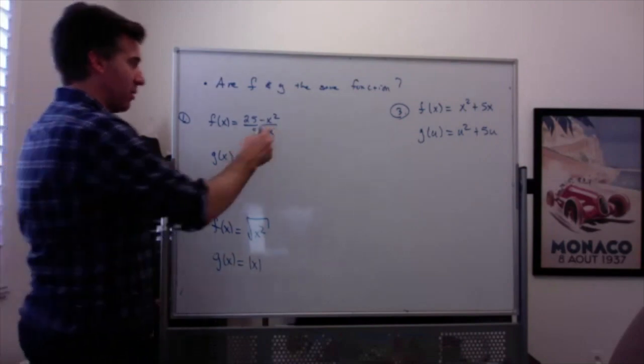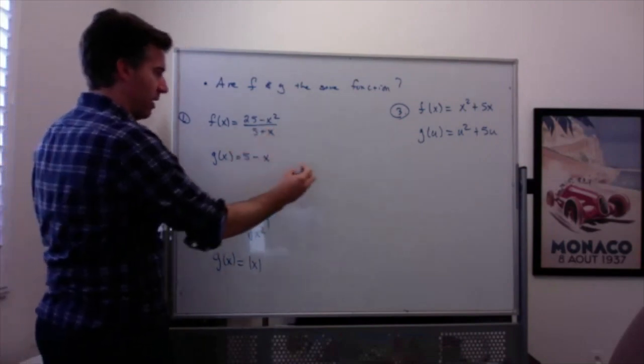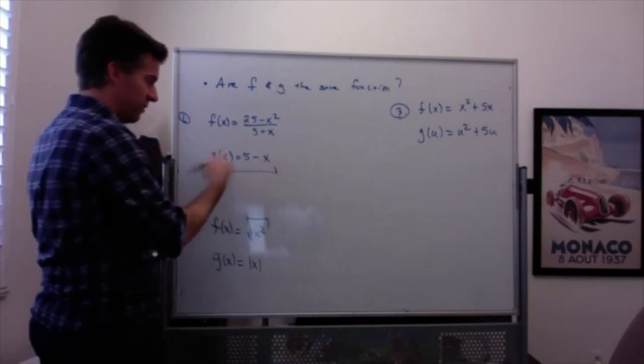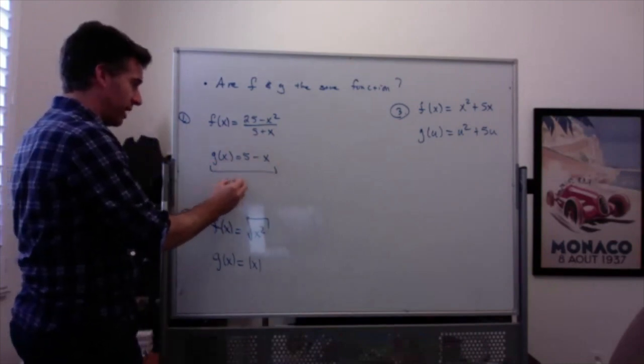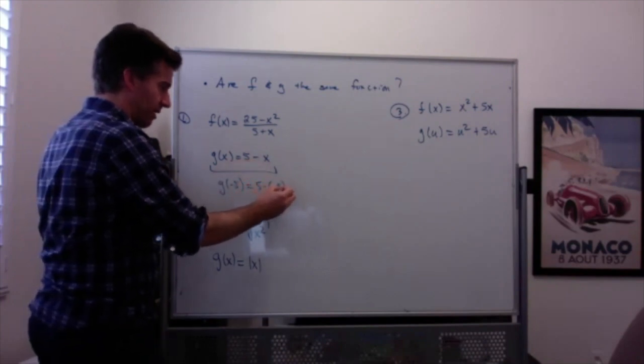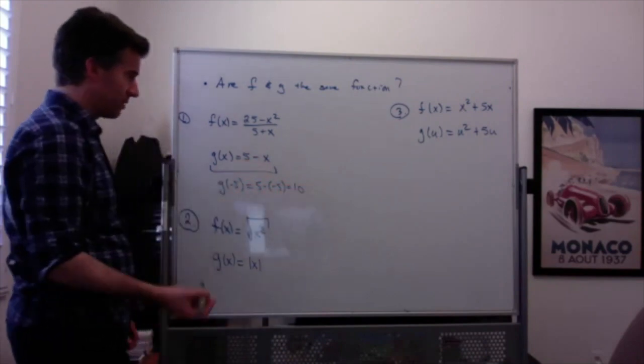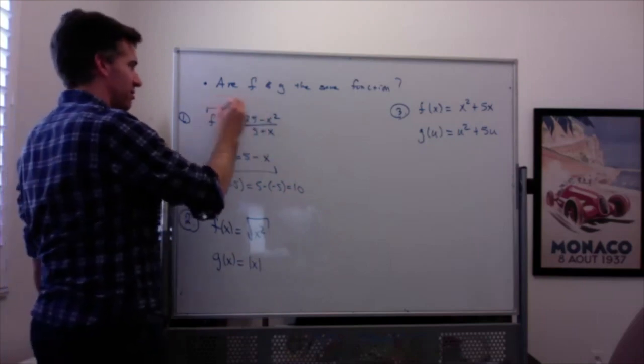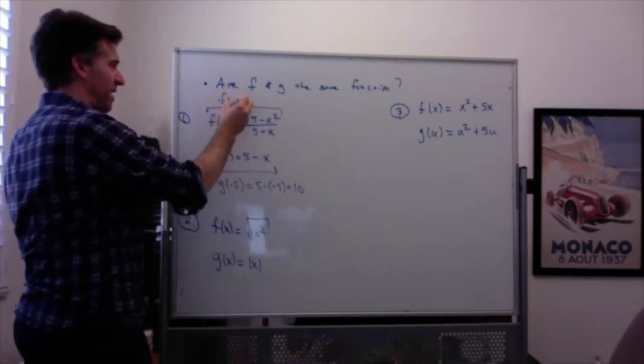And we can see pretty much right away here that in this function, g of negative 5 is equal to 5 minus negative 5, which is 10. Here, f of negative 5 is undefined.